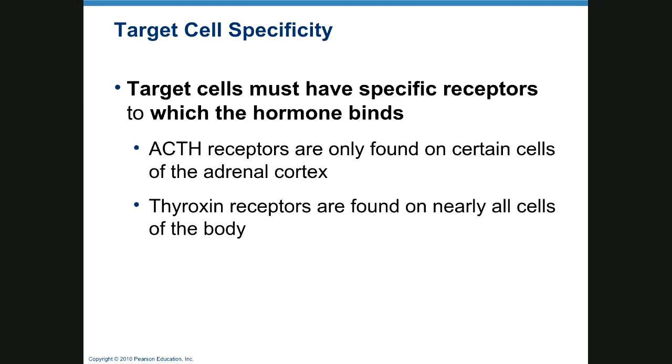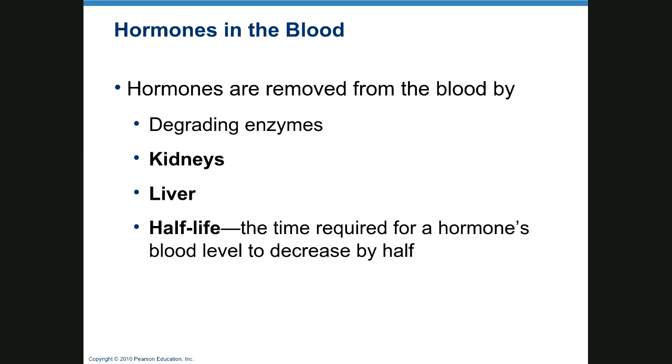Target cells must have specific receptors. Hormones only bind with the receptors for those hormones. For example, adrenocorticotropic hormone has receptors only on the adrenal cortex. However, thyroxine receptors are found almost everywhere in the body.